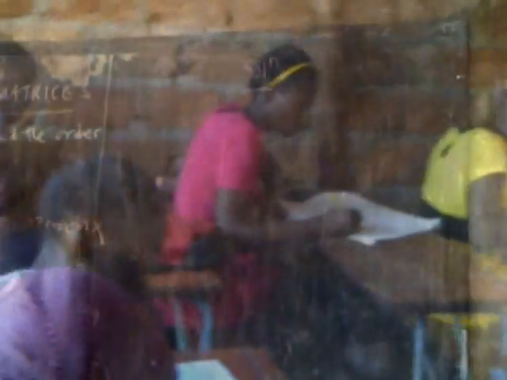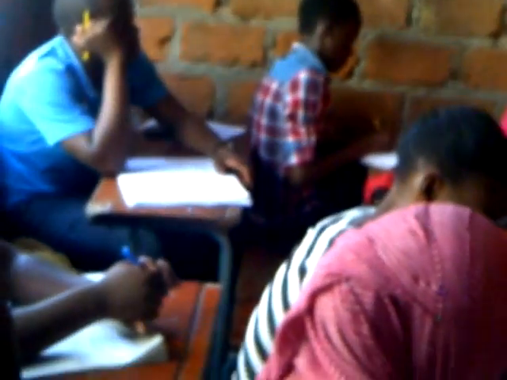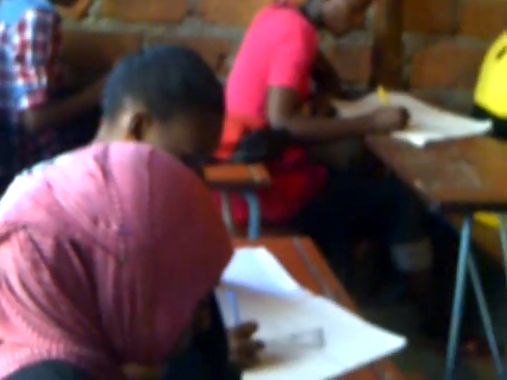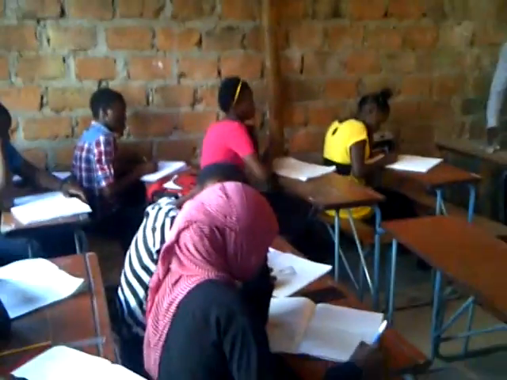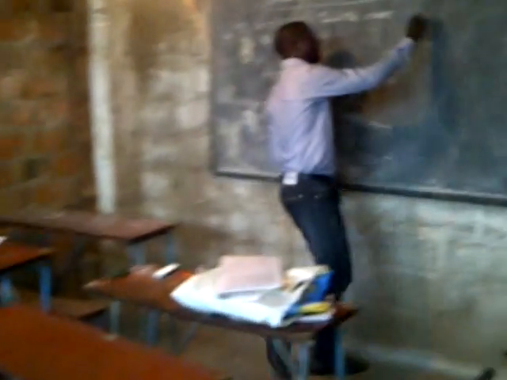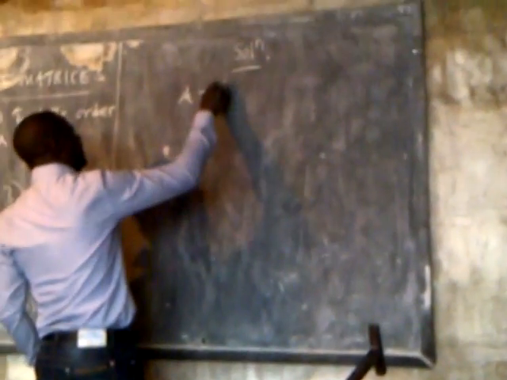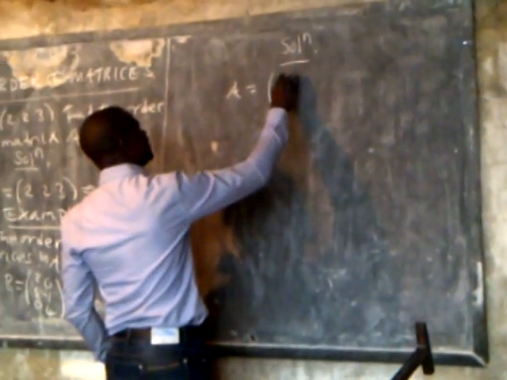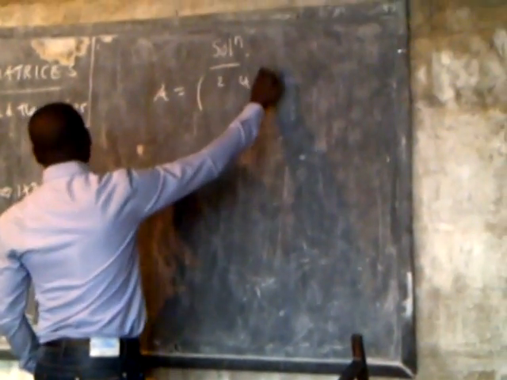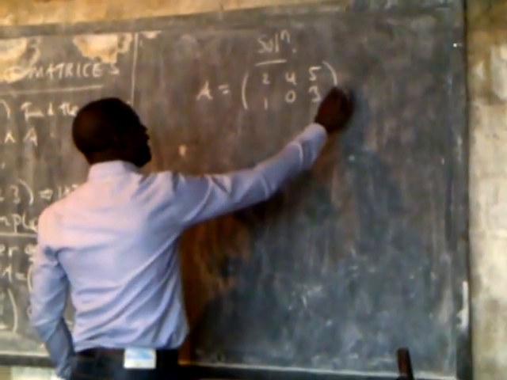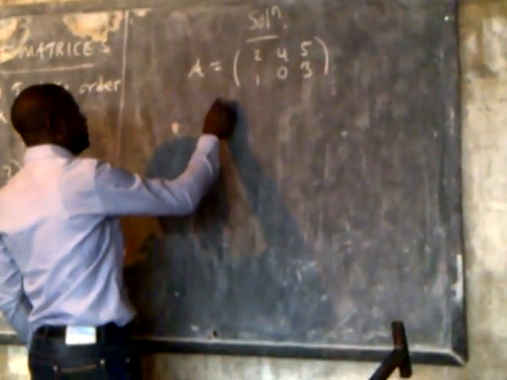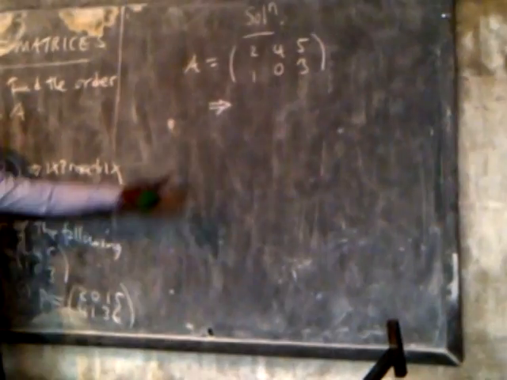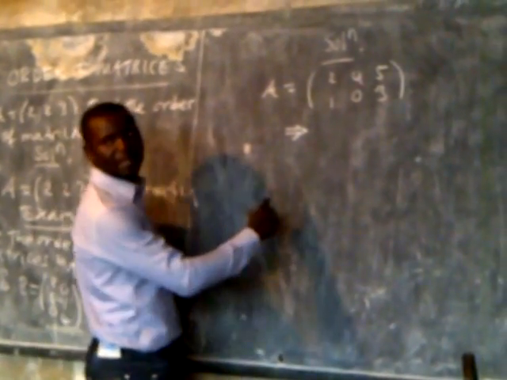Solution. Okay. So we can now give the solution. State the order of the following matrices. So we've got matrix A, which is 2, 4, 5, 1, 0, 3. Are we together? So this implies that you count how many rows there are.